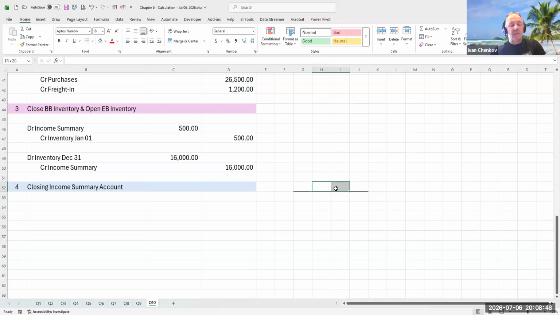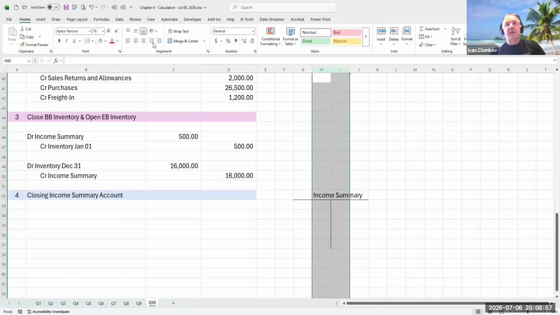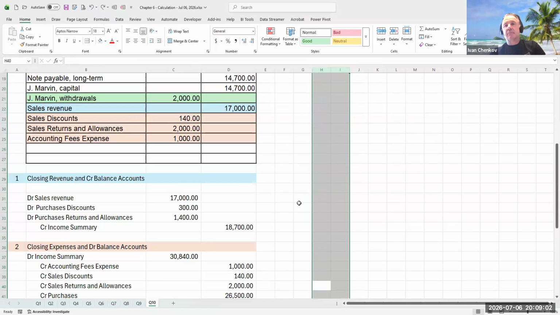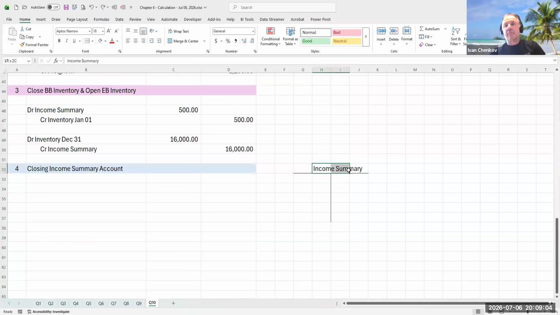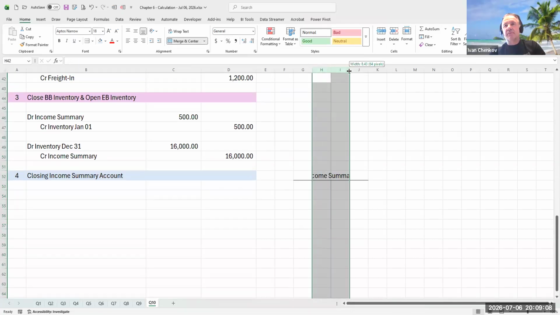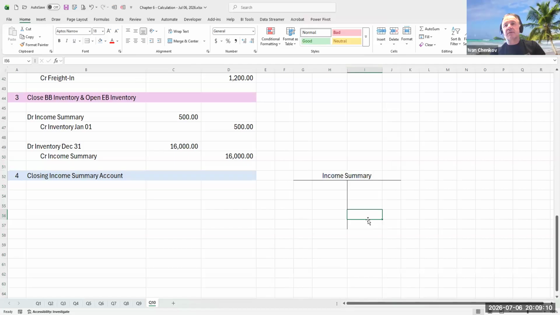Income summary doesn't have a beginning balance, doesn't have an ending balance, it's purely a cumulative account, which at the end of the period has to disappear. That's the beauty of this account. It stays only while the period is active. Once the period is gone, this account, actually we're creating it only at the end of the closing entries, and after that it has to disappear.